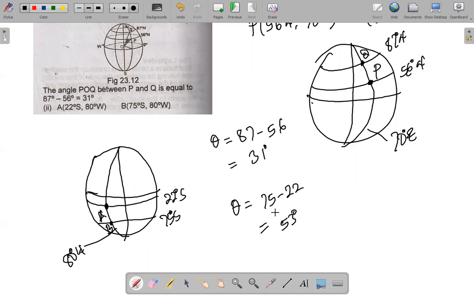That is how to calculate the angle between 2 points. If the latitudes are on the same hemisphere, subtract. If they are on different hemispheres, add. The same thing applies to longitude, guys. When dealing with great circles, if the longitudes are on the same side, subtract. If they are on different sides, add.